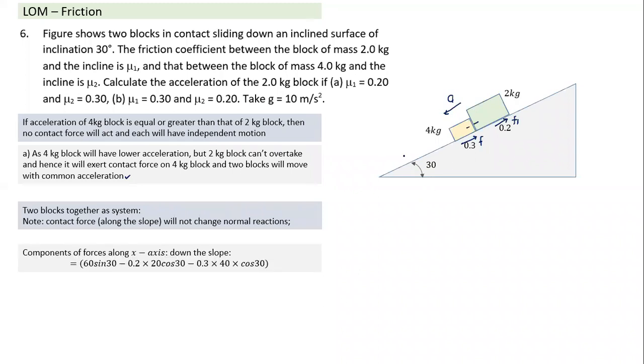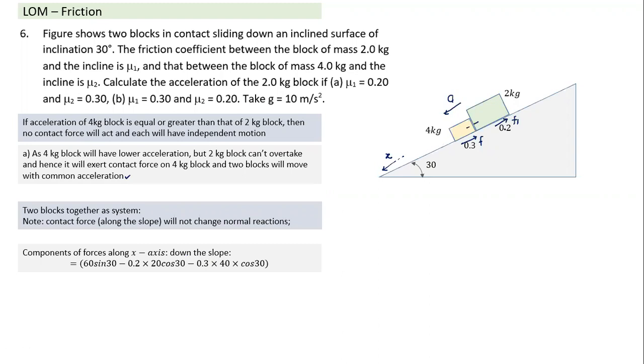Now to write the equation here, we have to calculate acceleration in the x direction. To calculate acceleration in the x direction, I take all the components which are acting in the x direction. What are the forces acting in the x direction? See, the total weight, with the two blocks together, 6 kg is the mass. So 60 into sin 30 is the gravitational force, minus the friction on the first block and minus the friction on the second block.